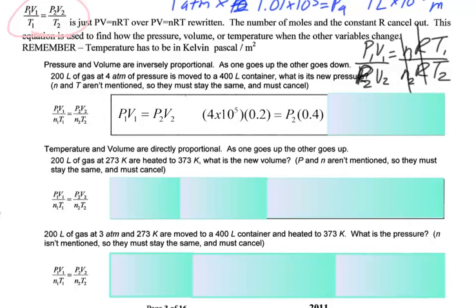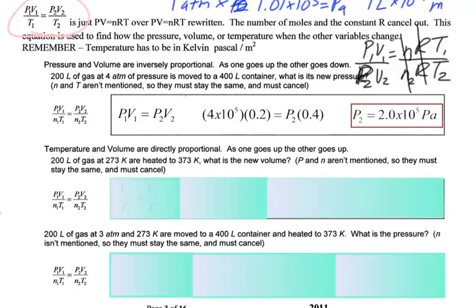If you kept it in atm, you would end up with a pressure in atm, but realize that they're usually going to make you use that number somewhere else. Therefore, you want it in pascals, but it's not a huge deal when it's a singleton problem like this. And also the liters, you can see that I changed those liters into meters cubed also.